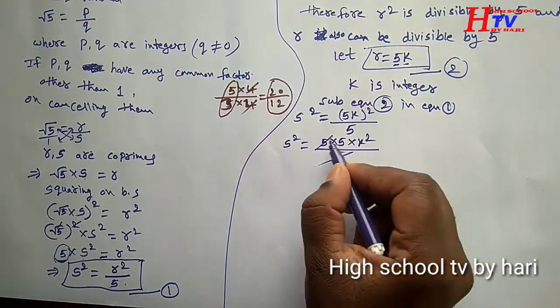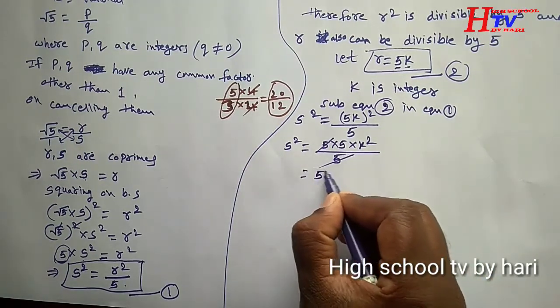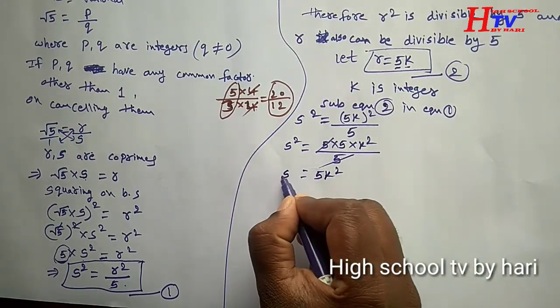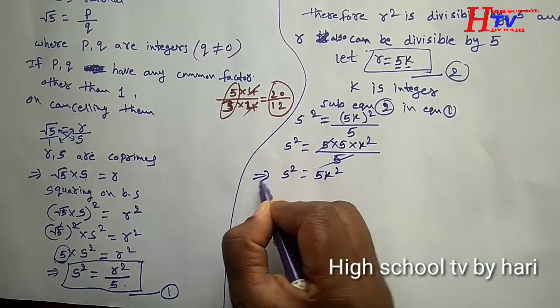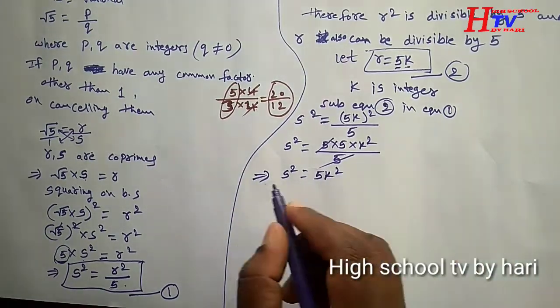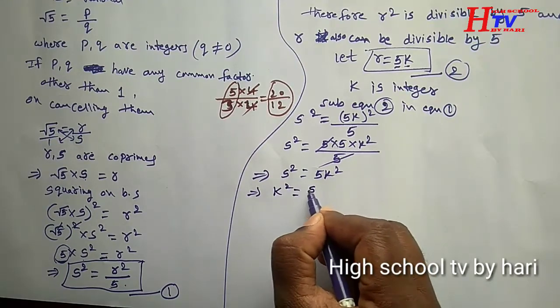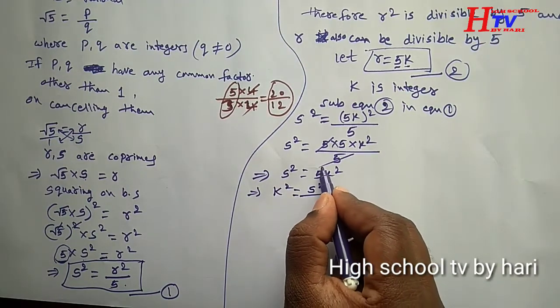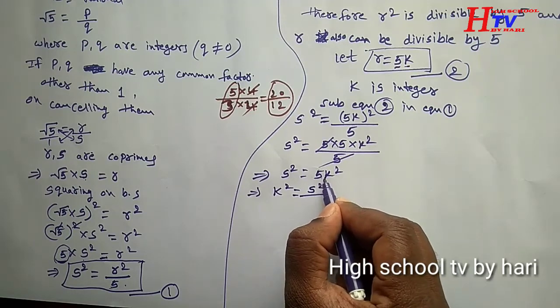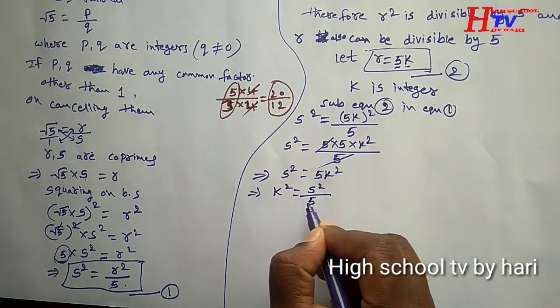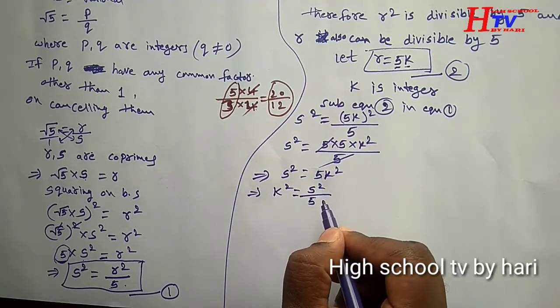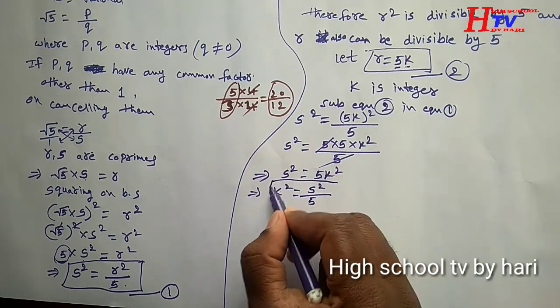One 5 gets cancelled, remaining 5k square. S square is equal to 5k square. That implies k square is equal to s square by 5, by transposing the multiplication term 5 to the other side, where it gets divided.